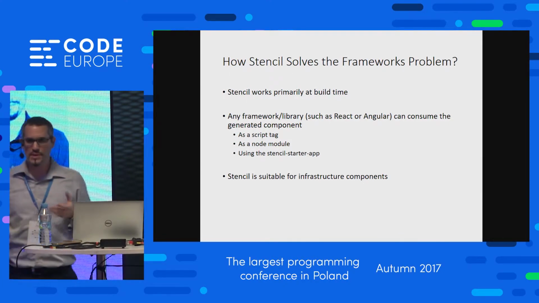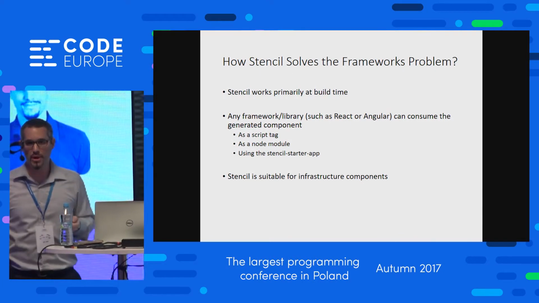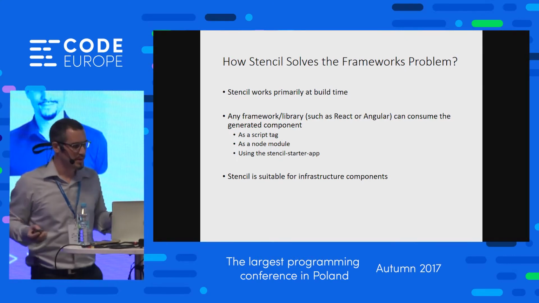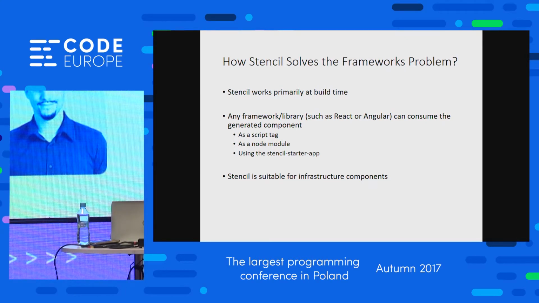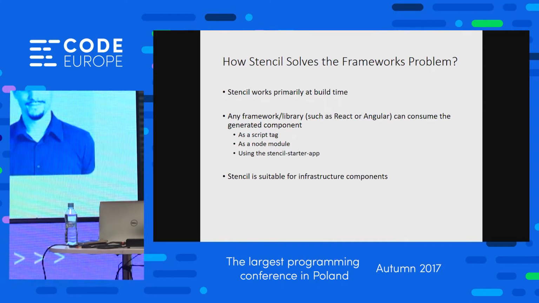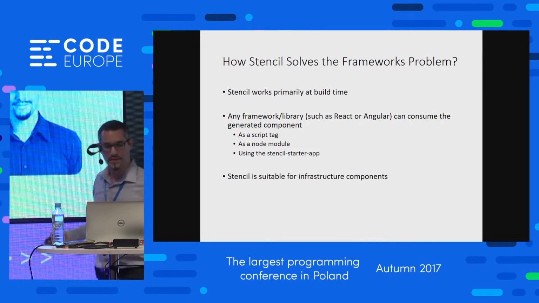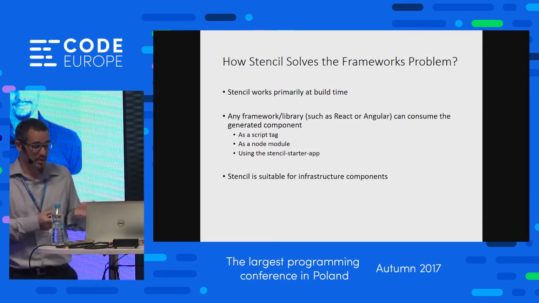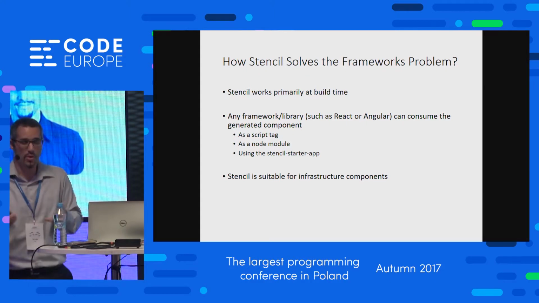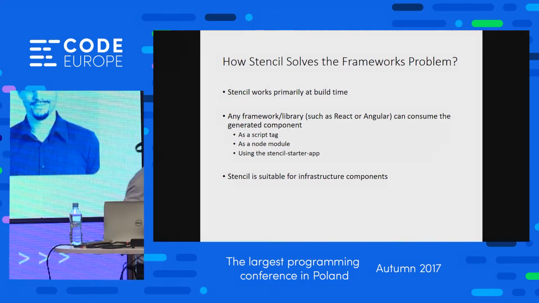So how did Stencil solve the framework library problem, the Catholic wedding? It runs in build time, meaning that everything is in design time. Any framework or library can consume the output, the custom elements that you are creating, whether it's in a script tag or node module or whatever.